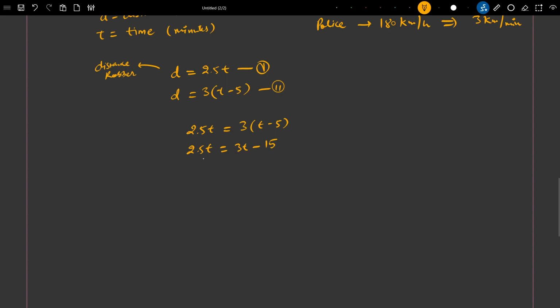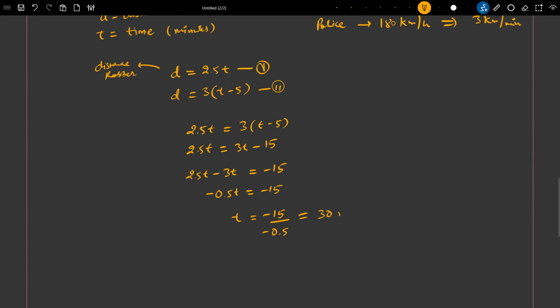And again, taking this side, we know that 2.5t minus 3t equals minus 15, and minus 0.5t equals minus 15, t equals 15 divided by 0.5, which is nothing but 30.